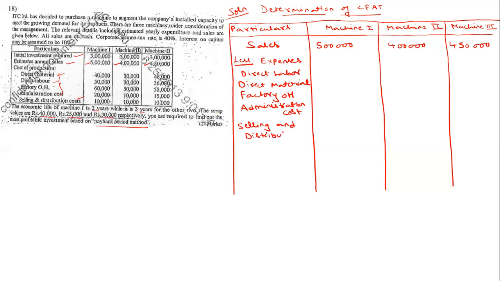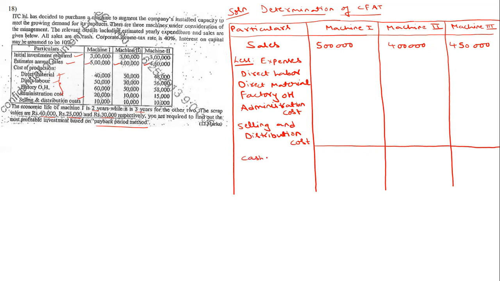So I'm just mentioning here the particulars which are to be considered. Now if you deduct all these expenses from the sales, it is clear that we get the before tax cash flow, or income before tax, right? So I can write here cash flow before tax.